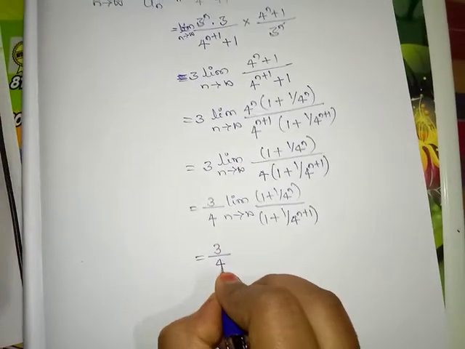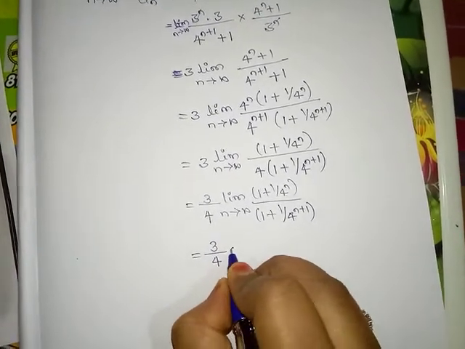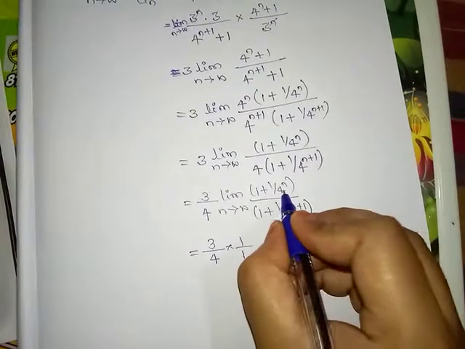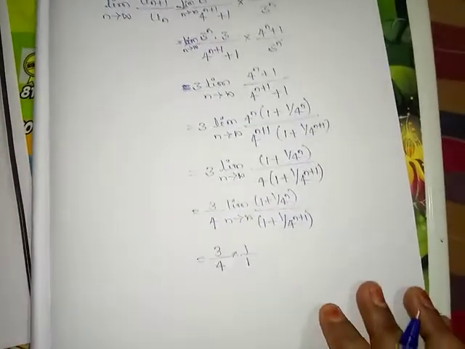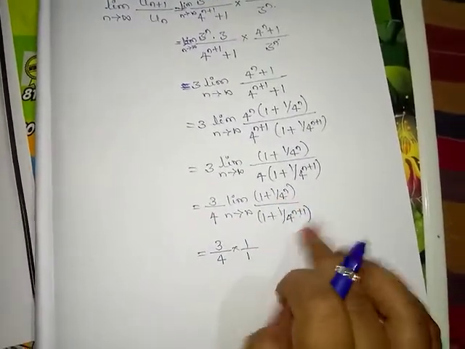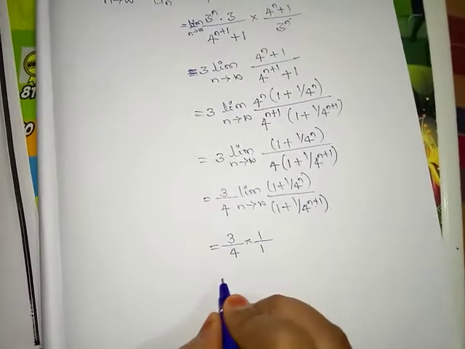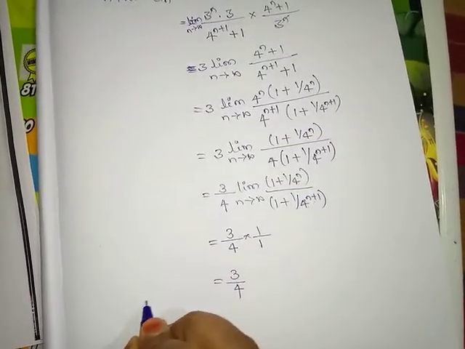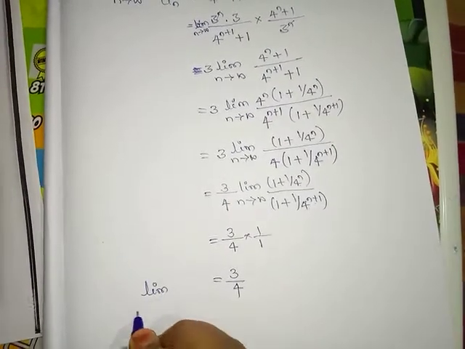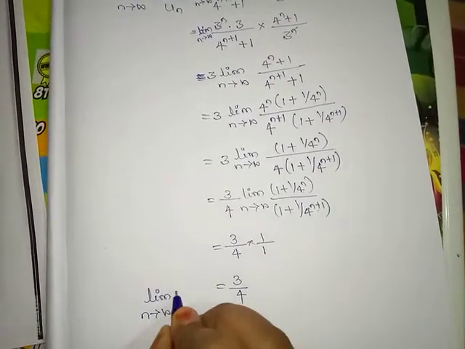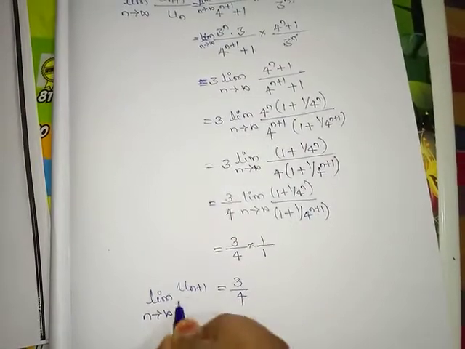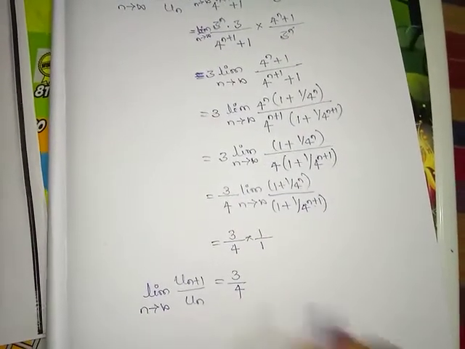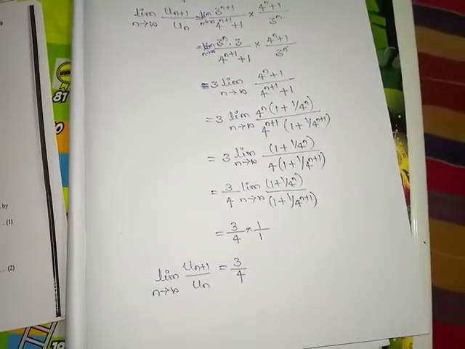3 divided by 4 into 1 divided by 1, because this value is 0 and this value is 0. 1 by infinity is 0, 1 by infinity is 0, which is equal to 3 divided by 4. Limit n tends to infinity, u(n+1) divided by u(n) is equal to 3 divided by 4.